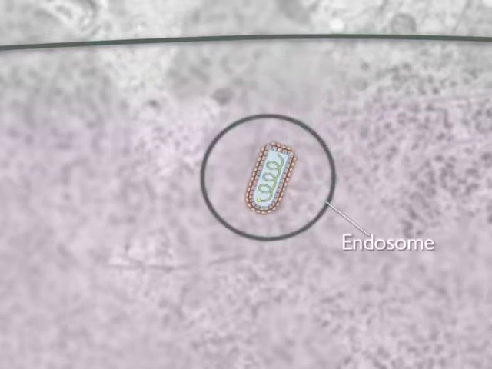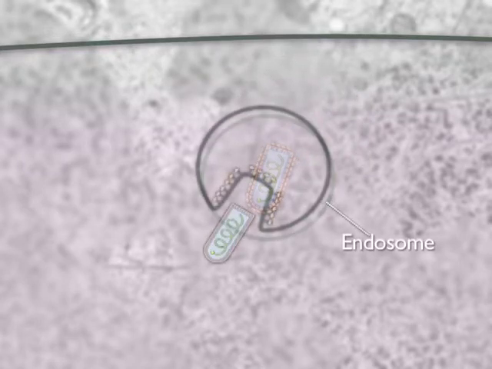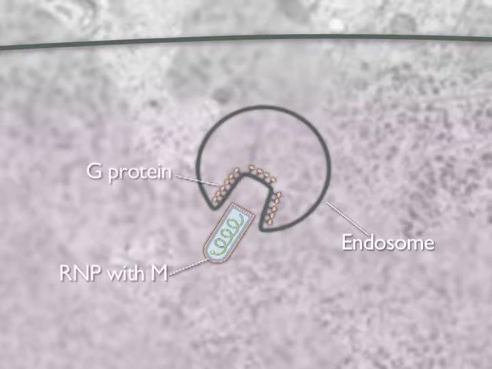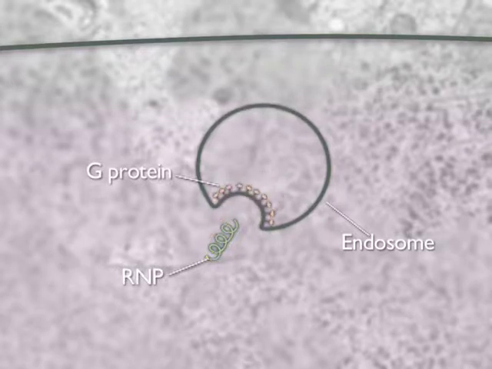After fusion takes place, the internal virion components are released into the cytoplasm. Soon after, the M protein dissociates from the nucleocapsid, exposing the ribonucleoprotein core. This is important for viral RNA synthesis to occur.